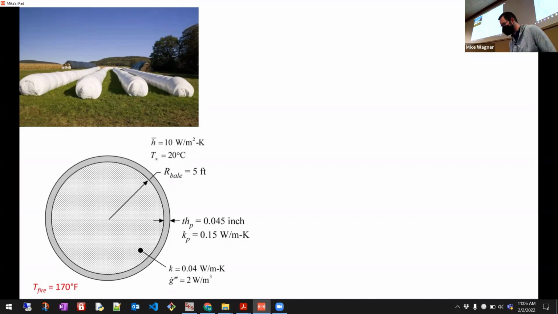Down here, we have our G dot at the bottom: G dot is 2 watts per meter cubed. 2 watts per meter cubed is not a lot of energy, but it's significant. And in fact, if you get a bale that's big enough, because hay is such a bad conductor of heat, the internal temperature can get hot enough where this thing will start on fire. If you've got these things in your barn, that's not a good deal.